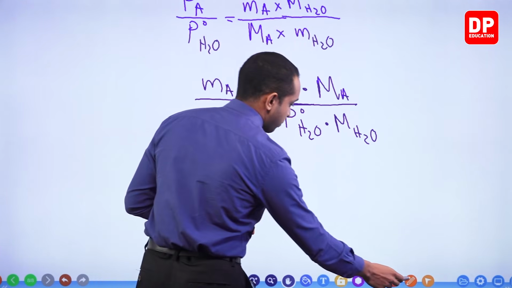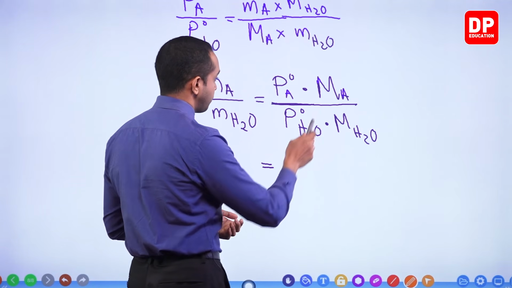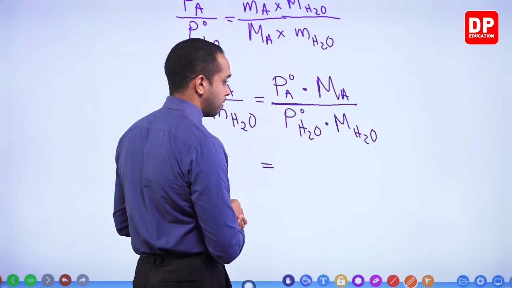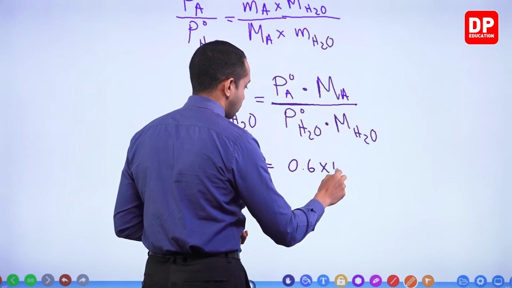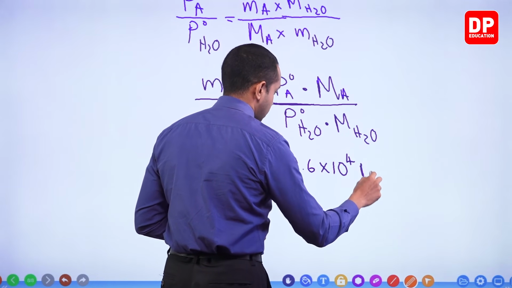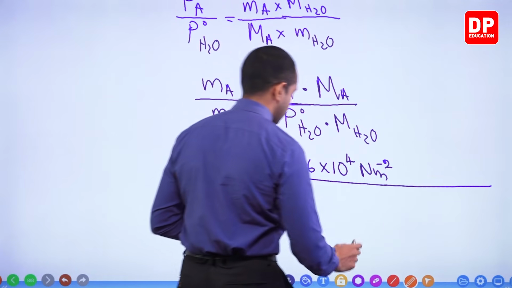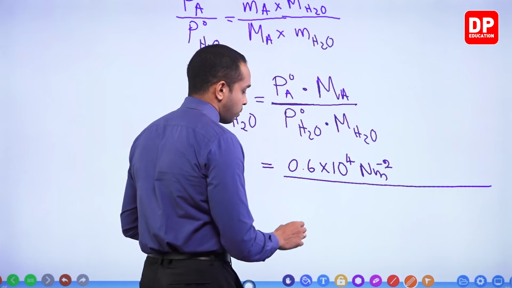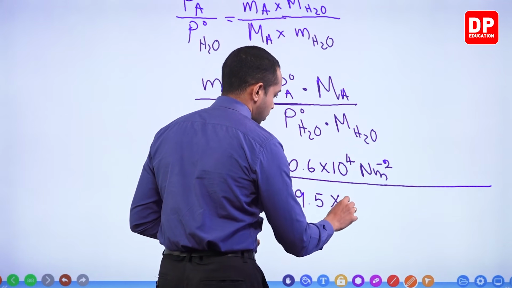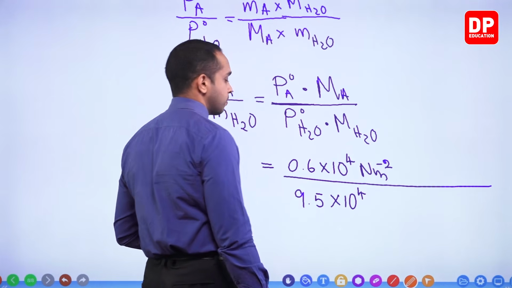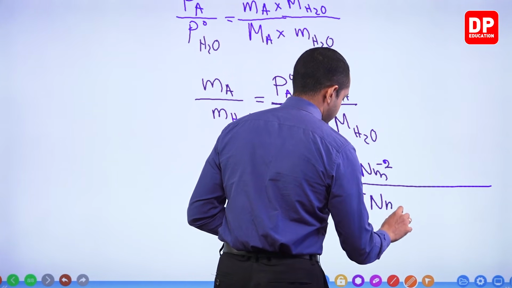So students, when you apply these values, we know P naught A at 98 degrees Celsius happens to be 0.6 into 10 to the power 4 Nm minus 2, and P naught H2O happens to be 9.5 into 10 to the power 4, and the unit is the same.